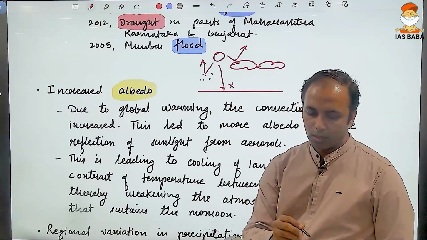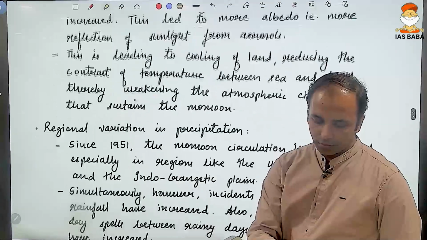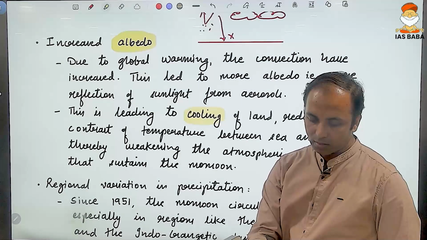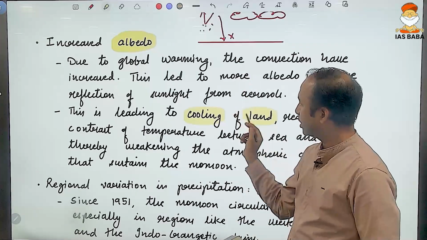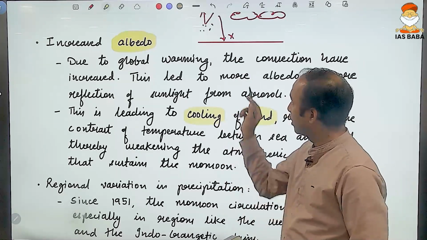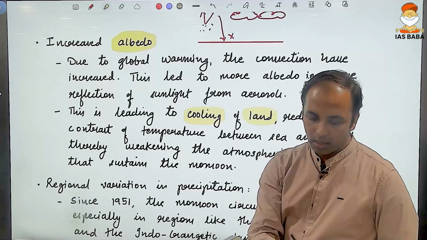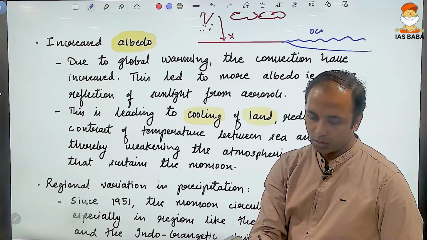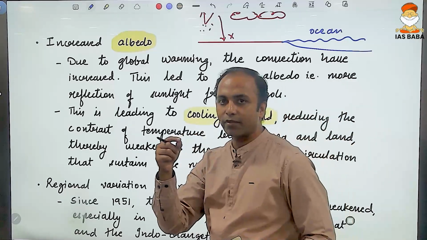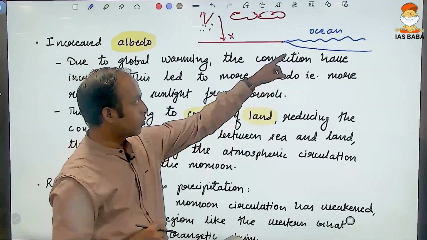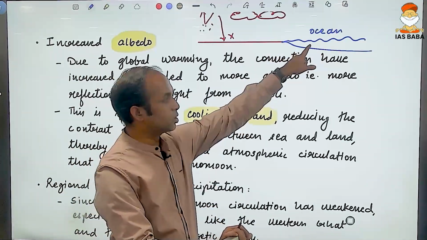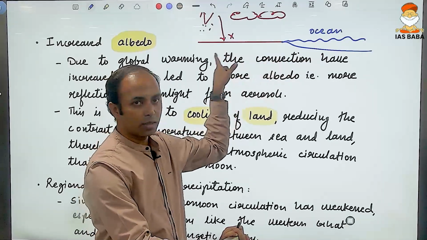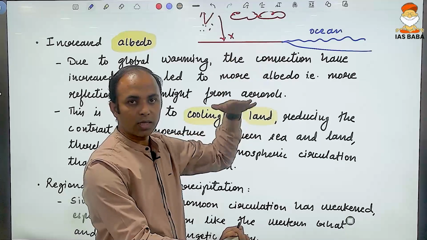In that context, what impact will it have? Try to understand that it will lead to cooling of the land. When it is not sufficiently hot, it will lead to the cooling of the land. When the land becomes cool enough, and also considering that the ocean has very high specific heat, so it does not become warm enough anyway, when this is also sufficiently cool, then the thermal contrast between the ocean and the continent would decrease.